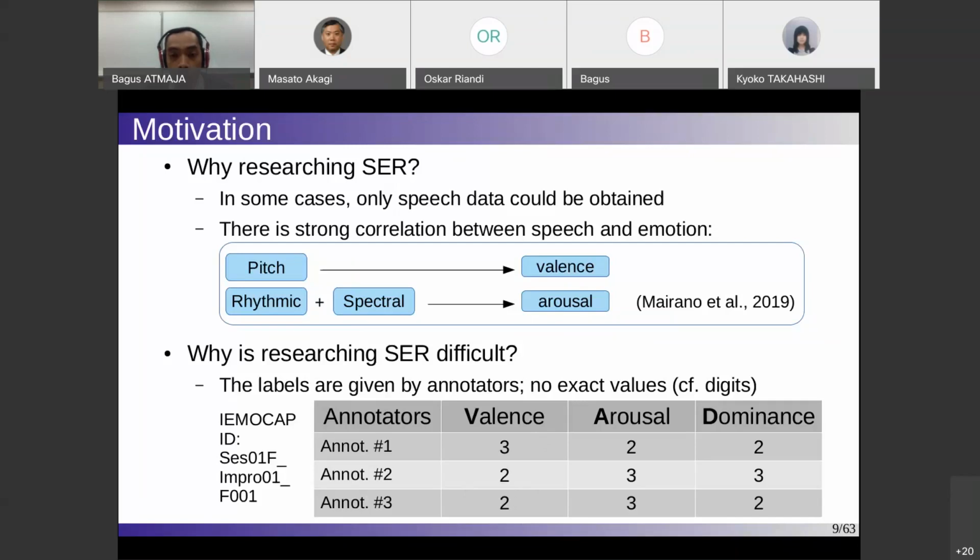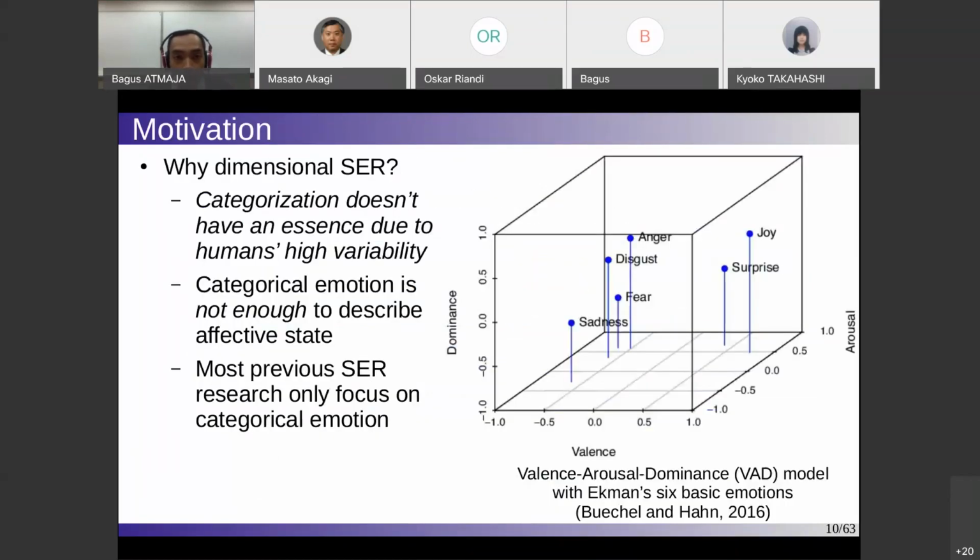Otherwise, we cannot use this one. So that's why the speech emotion recognition task is difficult compared to other tasks, because we cannot achieve perfect accuracy, while in others we can obtain very high accuracy.